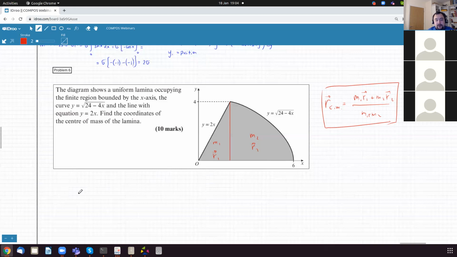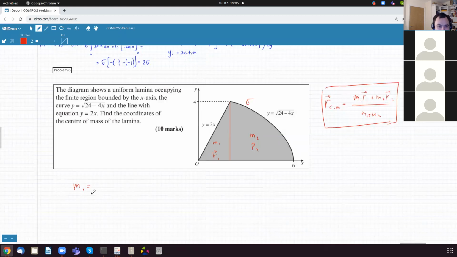The mass of the first one, m1, is quite easy. It's the area times sigma. Sigma cancels out. It is taken from a further maths past paper.